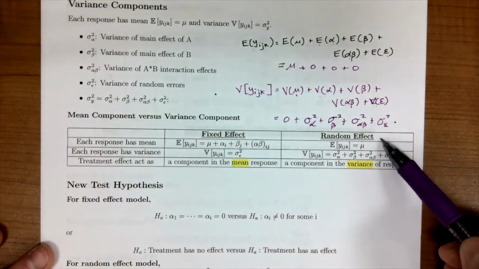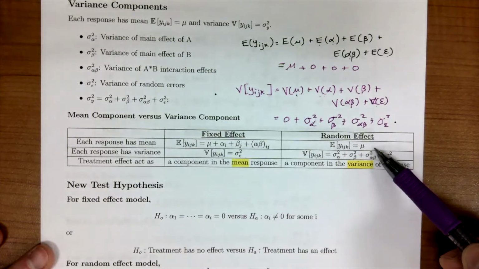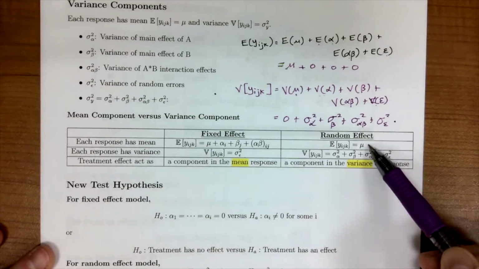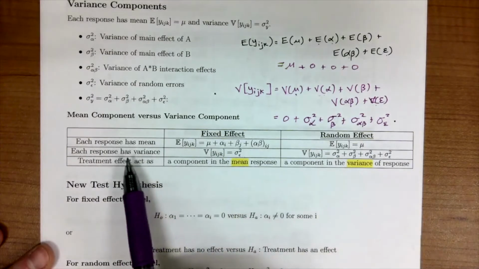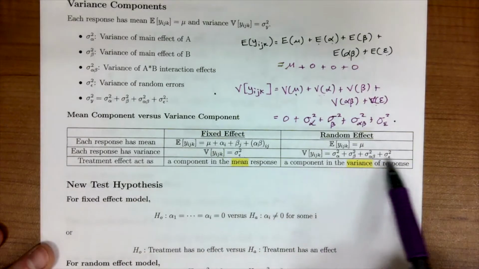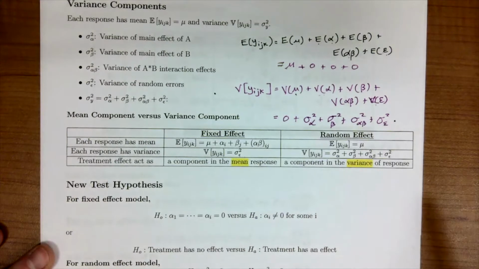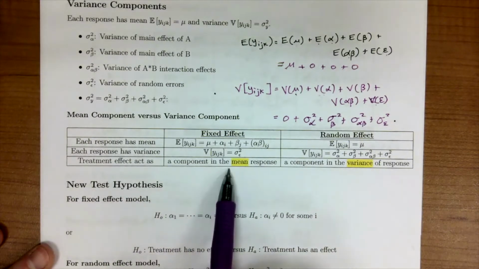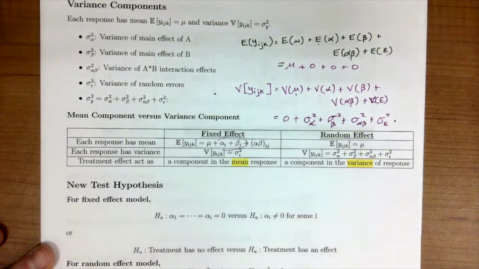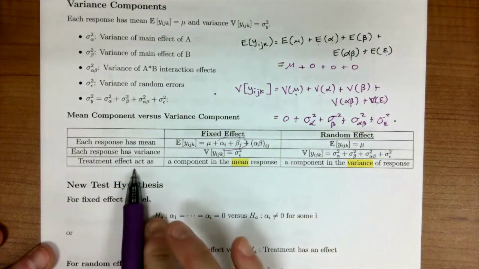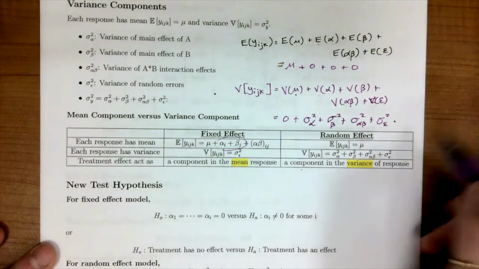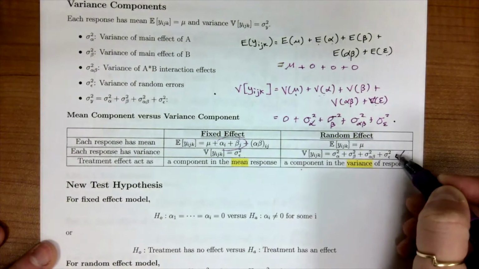Okay, in a random effects model, our response has an expected value of mu, and an expected variance of all of the variance components. So in fixed effects, the treatment effect acts as a component in the mean, i.e. that's what I'm talking about there. And in a random effects model, the treatment effect acts as a component in the variance. That is that we see it here. Okay.